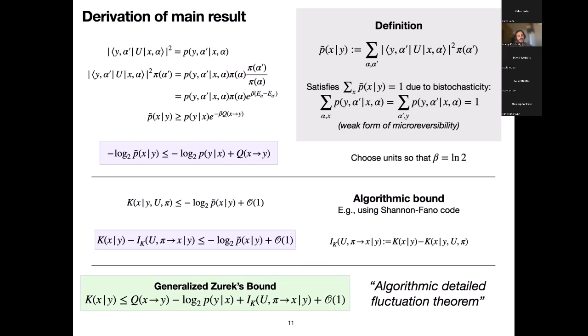It doesn't explicitly use any notion of a reversed process as usually appears in detailed fluctuation theorems. What it uses is the fact that we can use a computer program to invert the stochastic transition matrix that arises from our protocol. So it's kind of like the reverse protocol is now played by part of a computer program computing a reverse probability distribution.